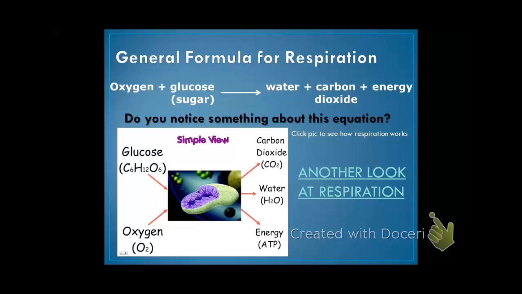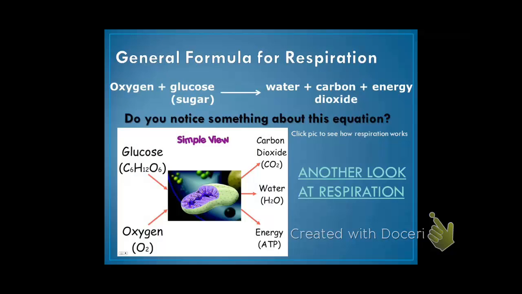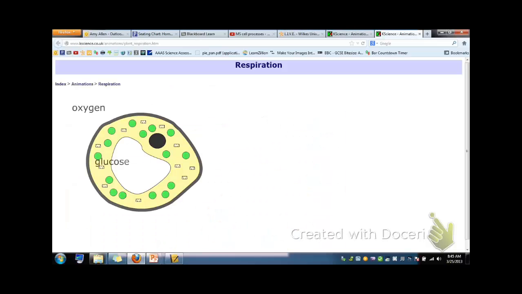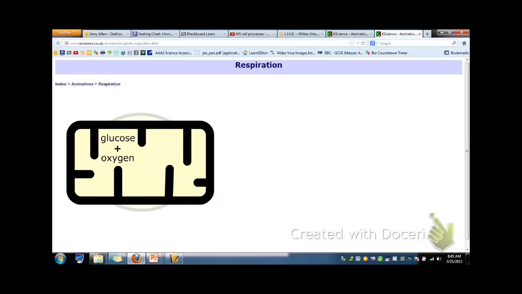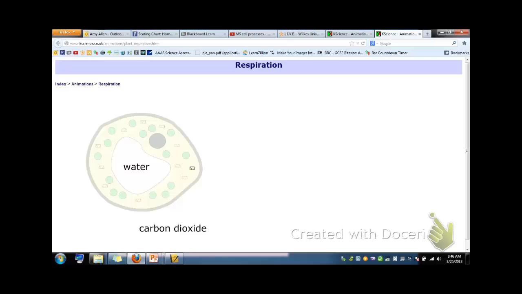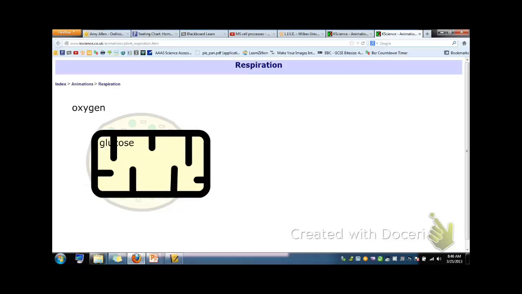Okay, let's take a look at an animation that relates to respiration. You tell me what you see going on, and tell me what's missing. According to this animation, Derek, what is that square structure?